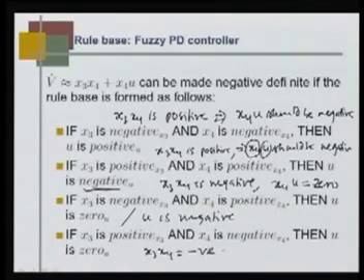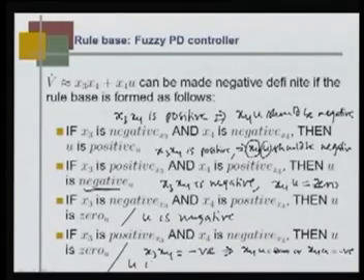So, this implies you can make x4 u 0 or x4 u again negative. Since x4 is negative, u is 0 or u is positive. But in this case we have only considered 0.